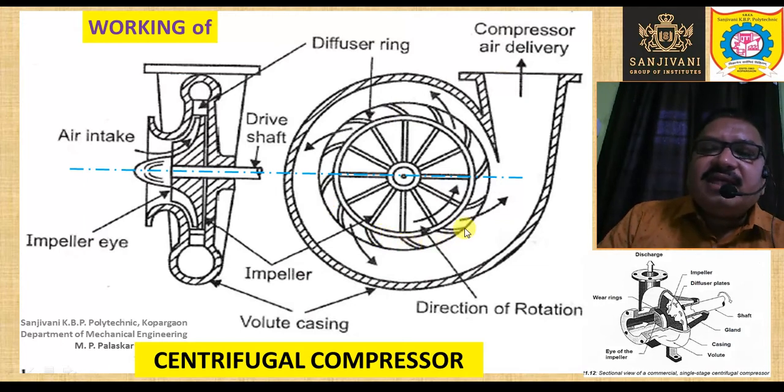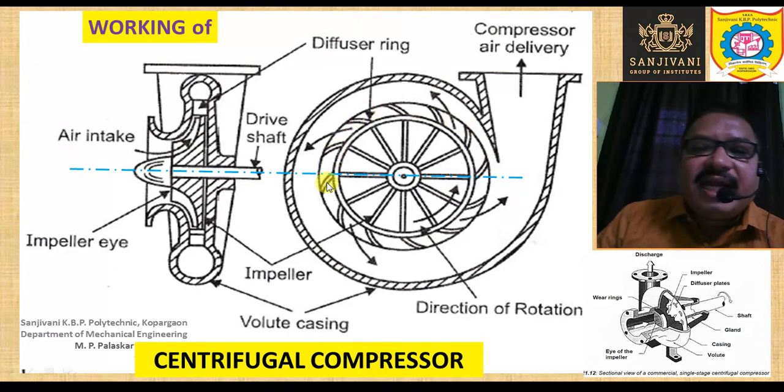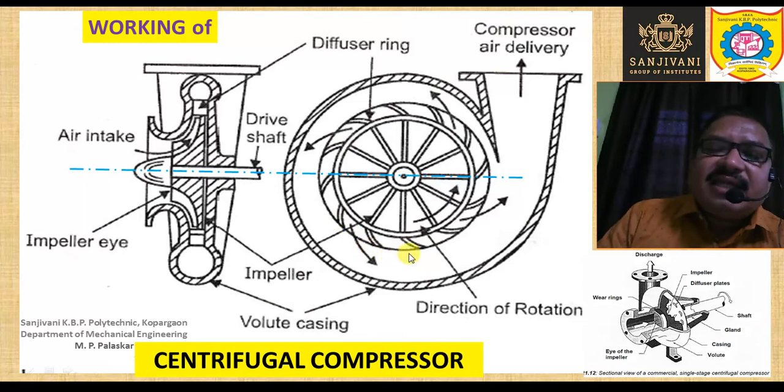In the diffuser, the kinetic energy of the air is not increased, but the air is already having some energy. It is having kinetic energy as well as some pressure energy also. So energy is not imparted to the air in the diffuser, but whatever kinetic energy the air is having is converted into pressure energy inside this particular diffuser ring.